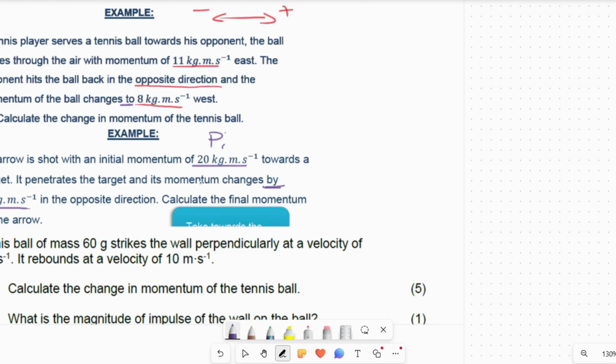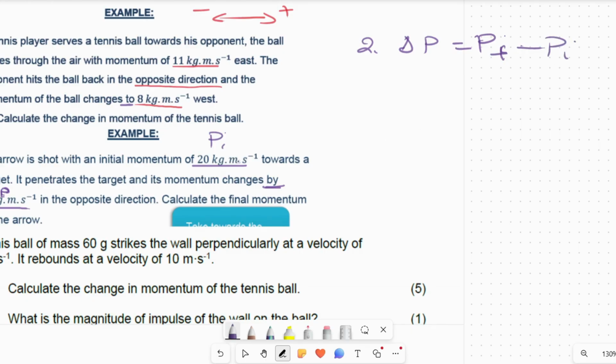But whenever I say the momentum changes by 4, that is a change of momentum. It is very important to understand that wording in the statement. So this is the change of momentum, which is 4 kilogram meters per second. Now when answering this question, we write the formula exactly the way it is: delta P equals P final minus P initial.